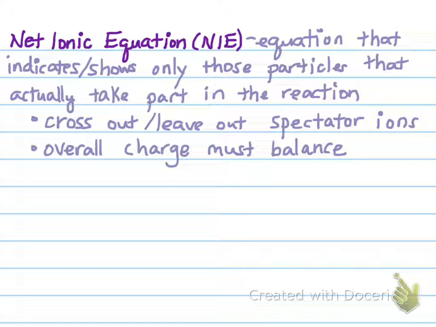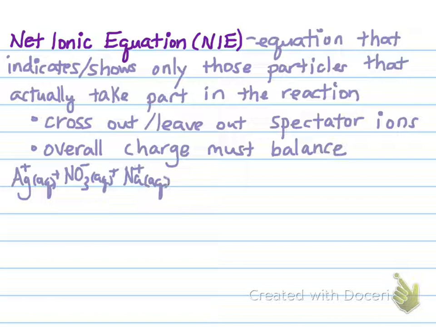So if we take that same example that we were doing, we had the silver ion plus the nitrate ion plus the sodium ion. This is the one from the previous slide that we just reviewed.